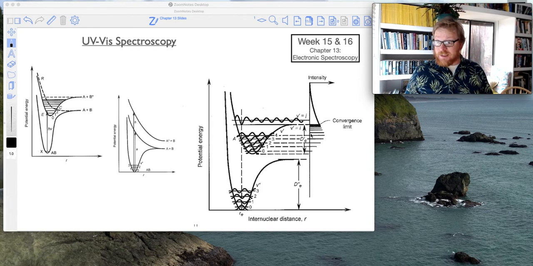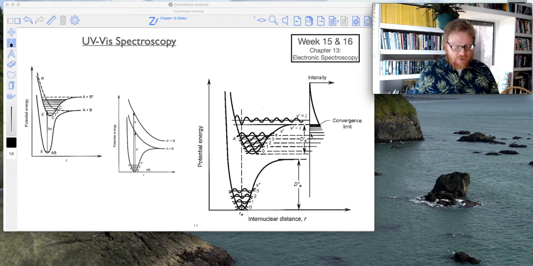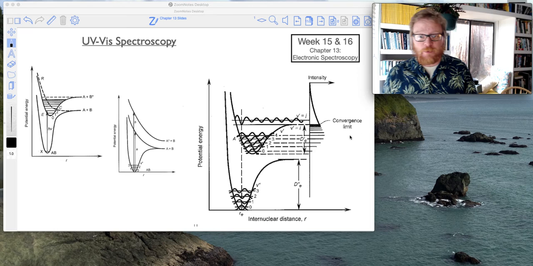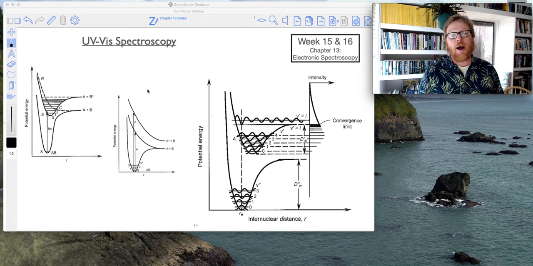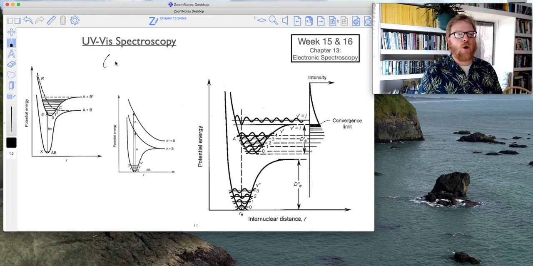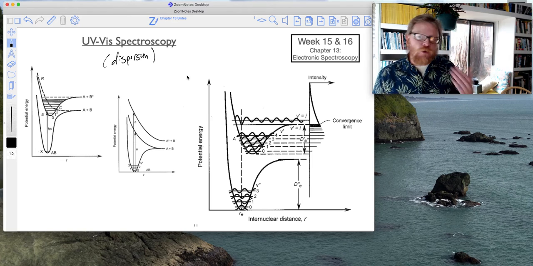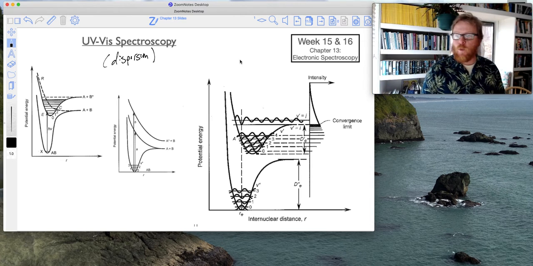So let's get into more discussion of electronic spectroscopy and something that is hopefully familiar to all of you, UV-Vis spectroscopy, right? So we remember that this is a dispersion technique involving gratings and scanning one wavelength at a time.